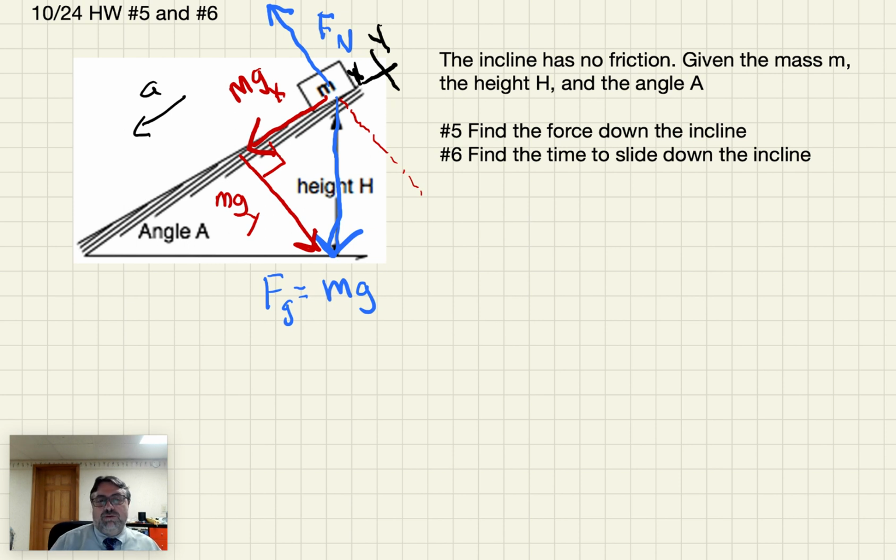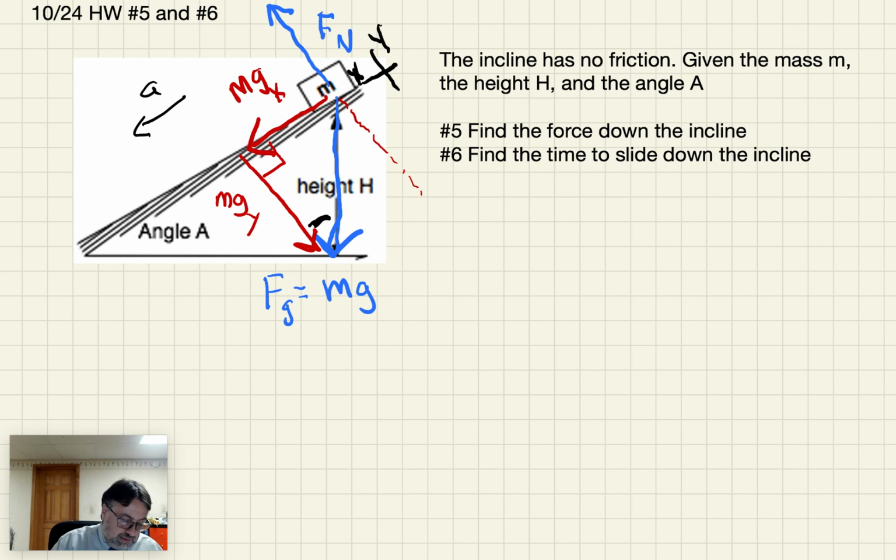But notice that mgy is going to be equal and opposite the normal force in this problem. Those are the only two forces perpendicular to the incline. But the force that's making me go down the incline is mgx. So that's the one I have to find. In order to find that, though, I need to know this angle on the inside of the vector triangle.